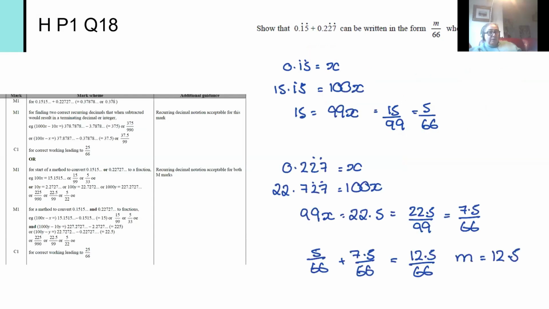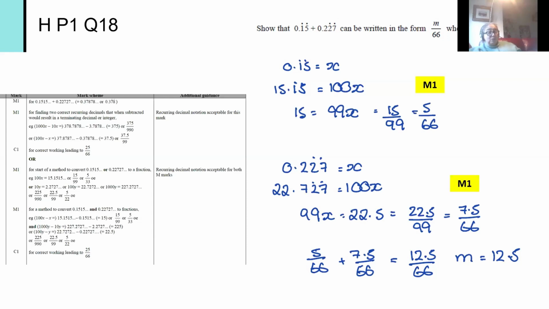Then we've got this one. They've got two correct. They've converted them both to recurring fractions. However, they've then left it, got an answer of 12.5. It is not 12.5. So their final answer is incorrect.